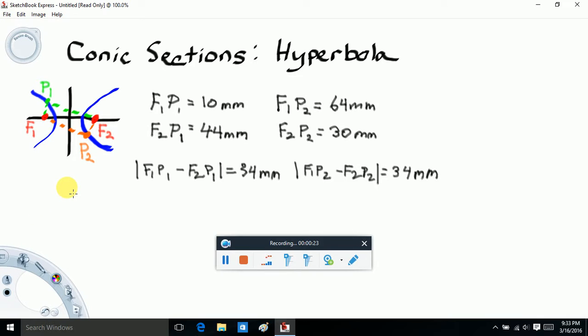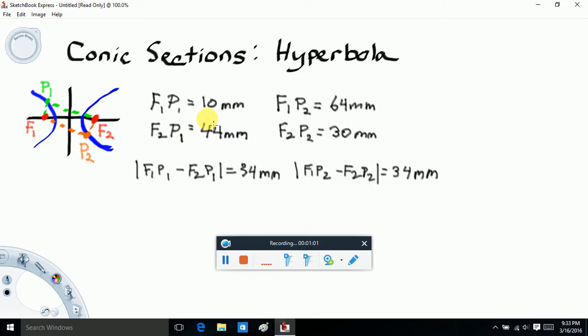So one unique property of the hyperbola is that if you take any point on either of these curves, if you calculate the distance between the foci, so in this case the distance between the first focus and this point was 10 millimeters, and the distance between the second focus and this point was 44 millimeters.